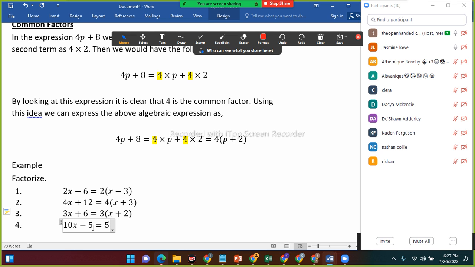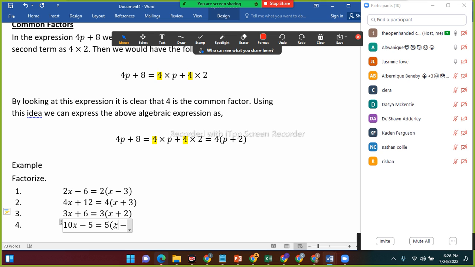Okay. Right, so get your book. Altunic, what x? Very good. Then put the minus sign, okay, and then put 5.